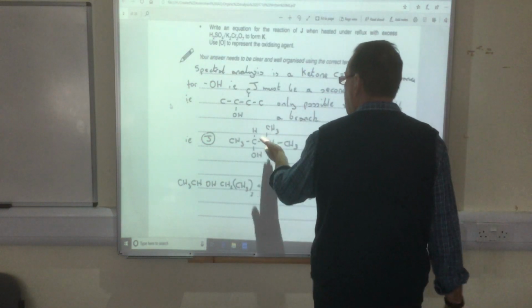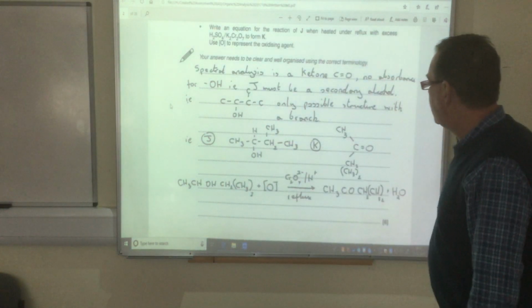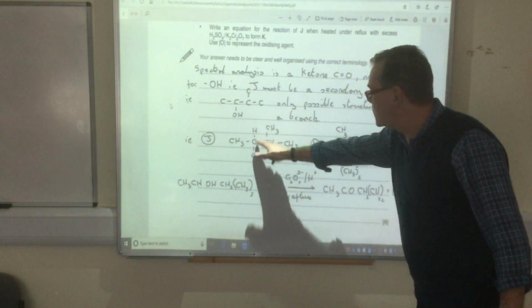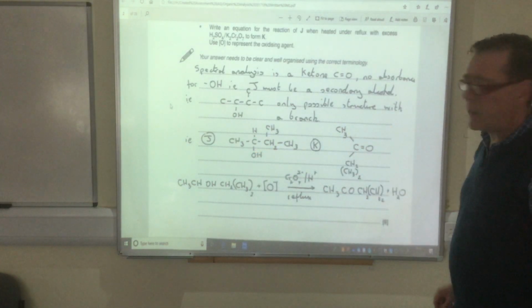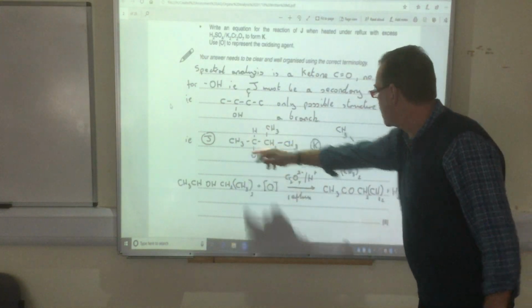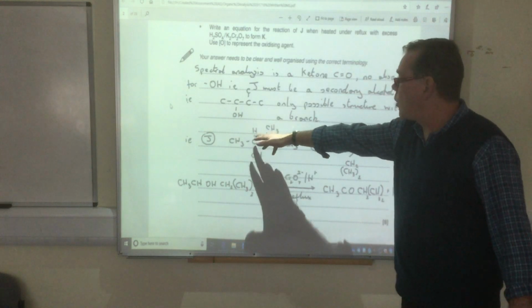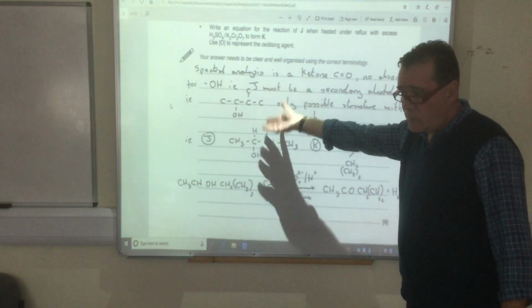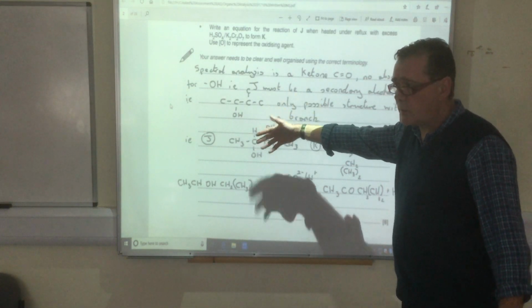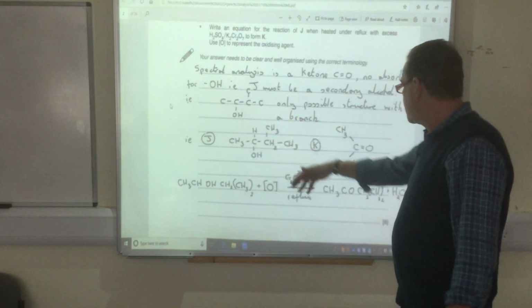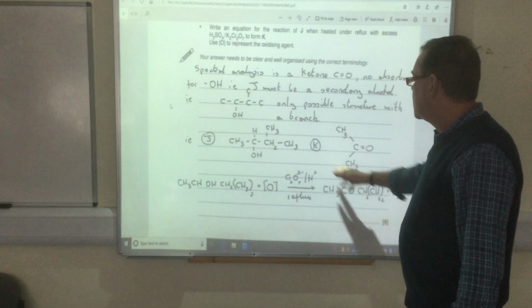Drawing that out, J, give me the marks, bring it on, there it is. Swivel it on its side to show what K is. C double bond O, I like that poking out. So you've got your methyl there, up here. That H has gone, of course, because it's become water, partly. And then you've got CH2, CH3 twice.